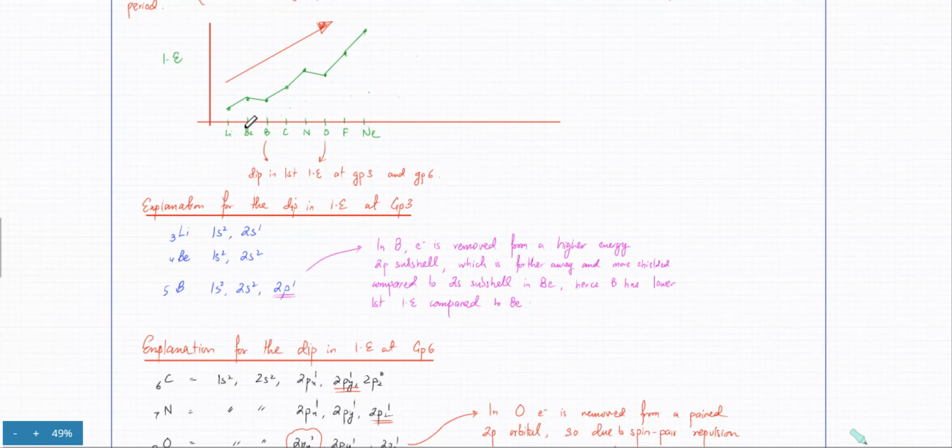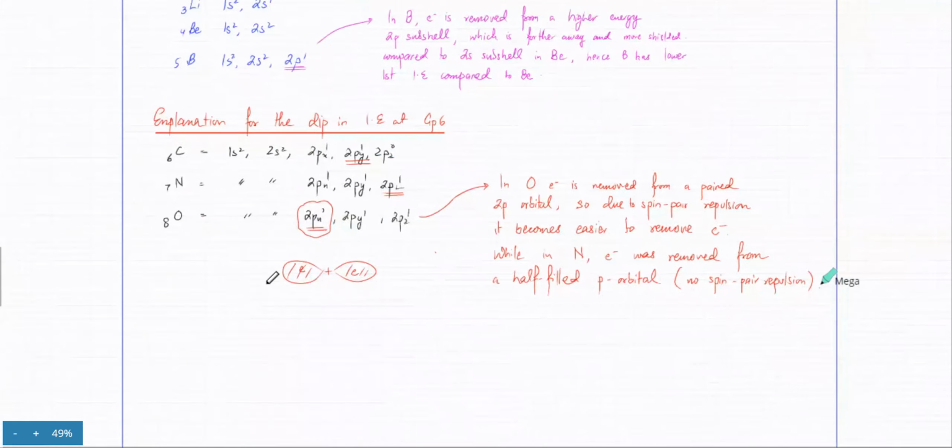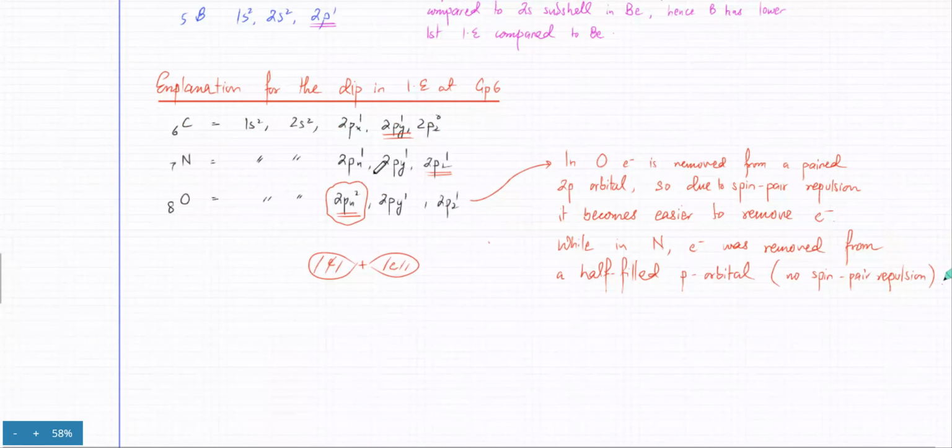The reason for the dip at group 3 was that all of a sudden you're trying to remove an electron from an orbital which is slightly further away, from a 2p orbital. It becomes easier to remove electrons. And the dip at group 6 was that before group 6, you're removing electrons from 2p orbitals which are singly filled.